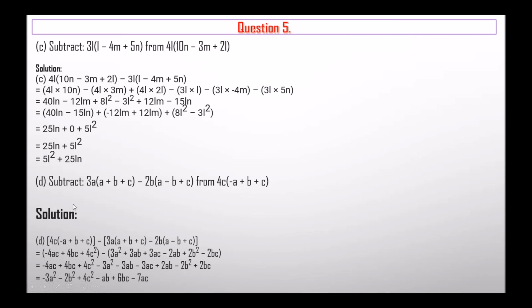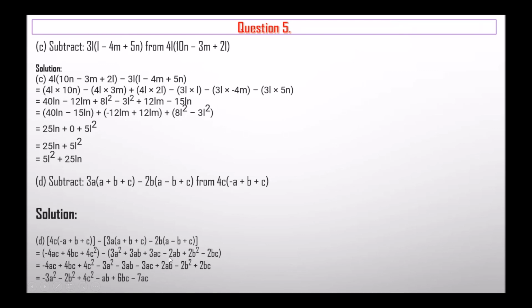Next, subtract 3a(a + b + c) − 2b(a − b + c) from 4c(−a + b + c). So 4c × (−a), so −4ac + 4bc + 4c² − 3a² − 3ab − 3ac + 2ab − 2b² + 2bc.